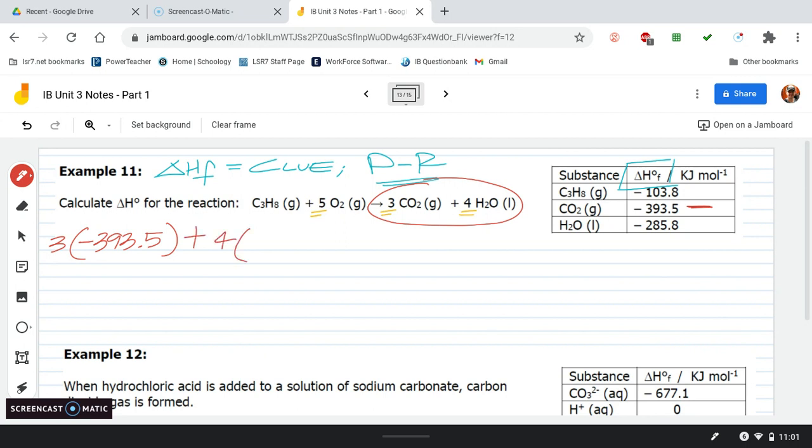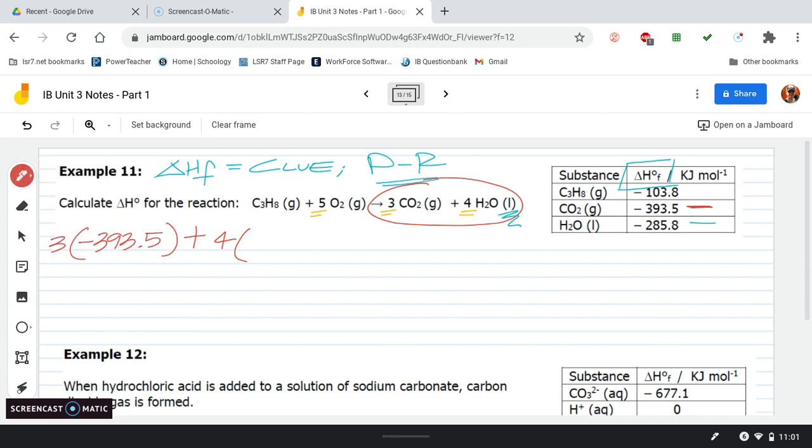4 times water. Now we got to pay attention because a lot of times there's different types of water. This one is liquid, but you got to watch out for solids such as ice or vapor. So just be careful. Now there's only one here, so can't get too confused, but sometimes there's more than one if it's on a chart. So we're going to use that value there.